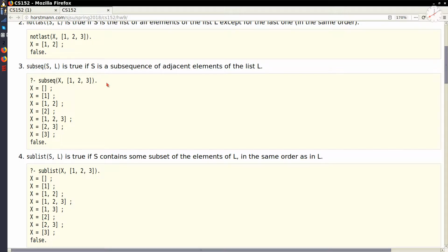So we have subsequence. S has head H and some tail that I'll call T2. And then the other list was H and T, provided that... So now let me write S as H and T2.